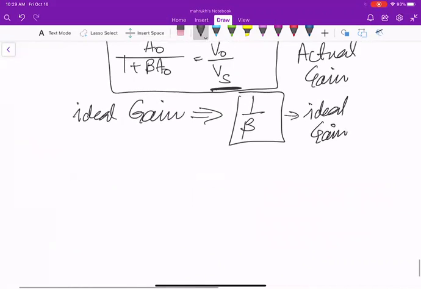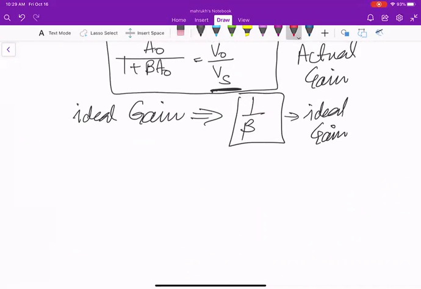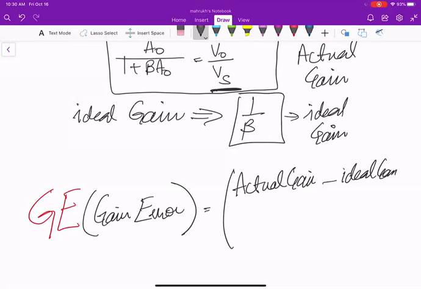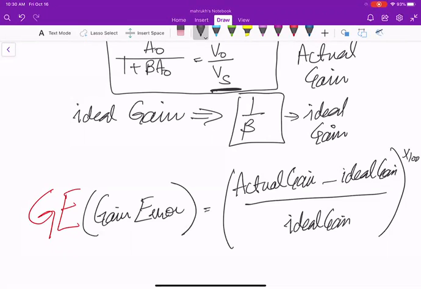So we want to find the gain error, which will be equal to actual gain minus ideal gain, divided by ideal gain, into 100.